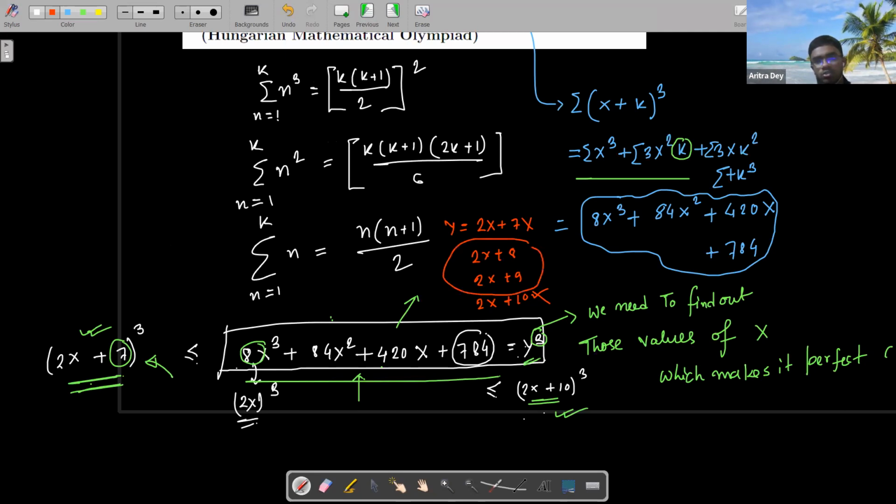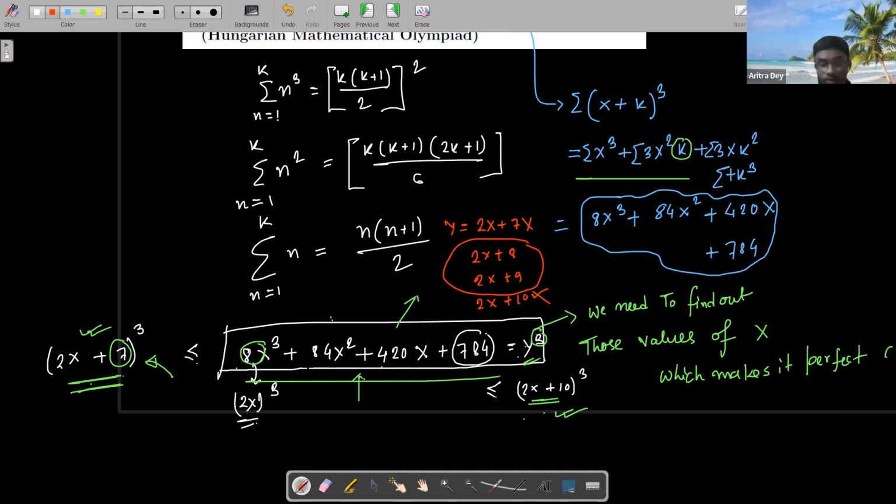You just need to check these two cases, and you can easily plug in this value. You can check that 8x cube cancels out and it will become a quadratic. Then simply solve the quadratic. Understood? You just need to solve the quadratic directly and you get the final answer.